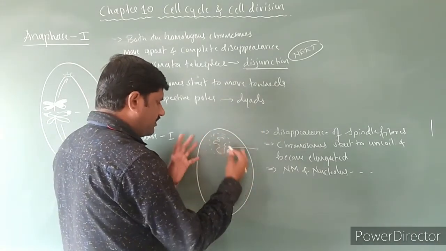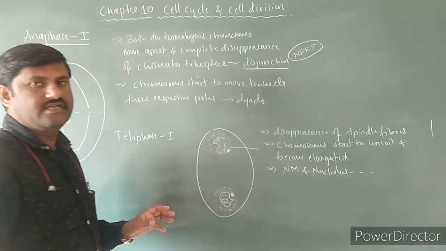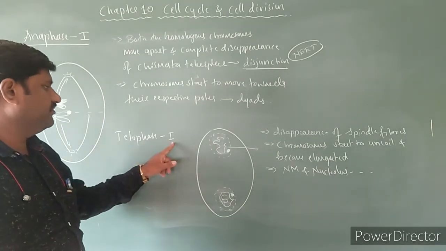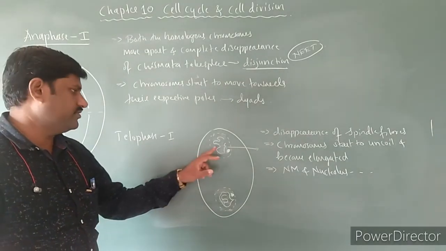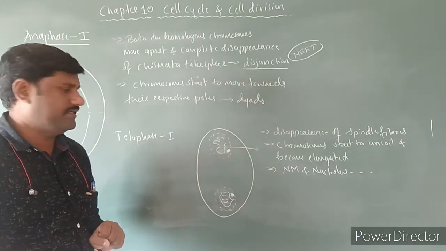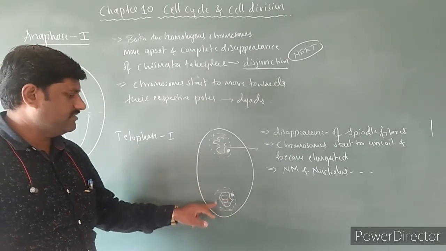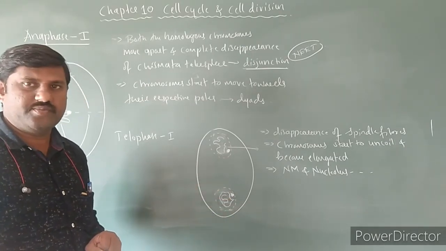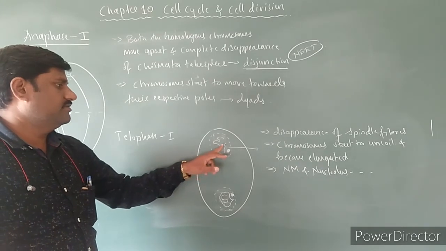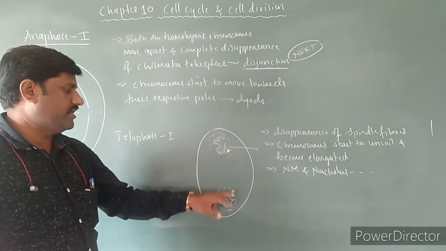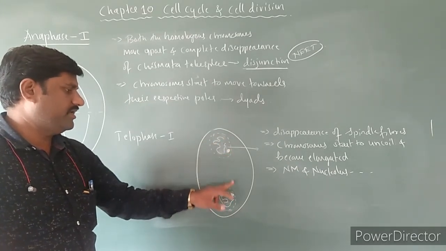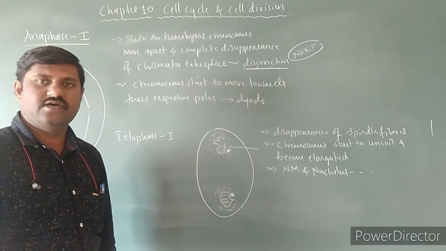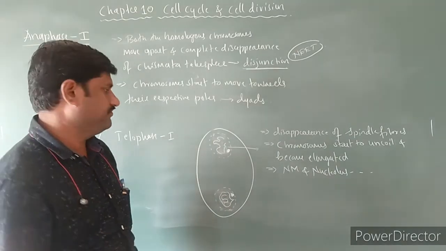So these are all the activities done in telophase 1. The chromosomes become thin, elongated structures, and the nuclear membrane appears around this chromosome and this chromosome also, and the nucleolus also appears over here.